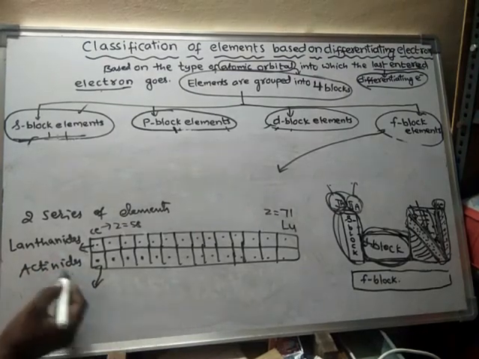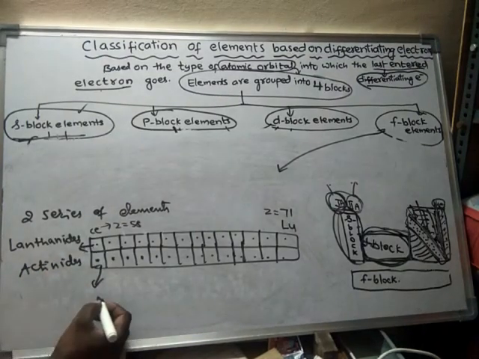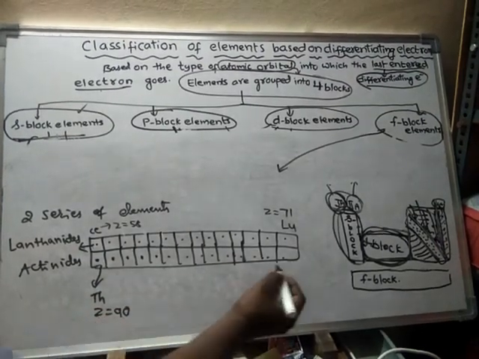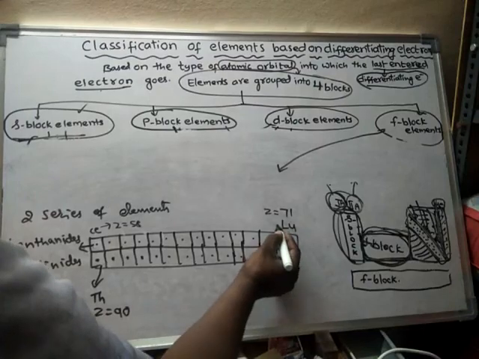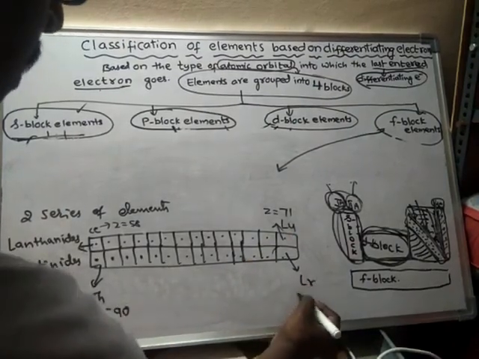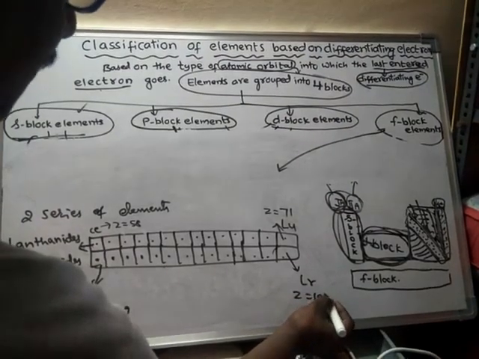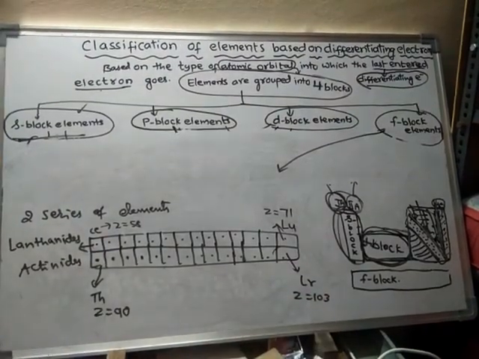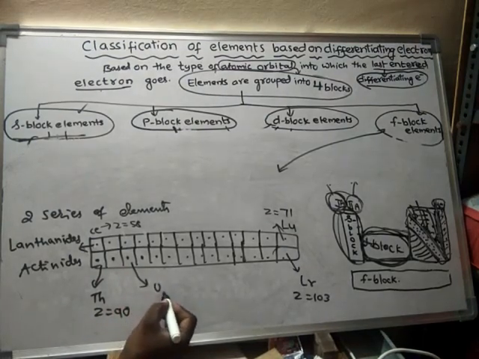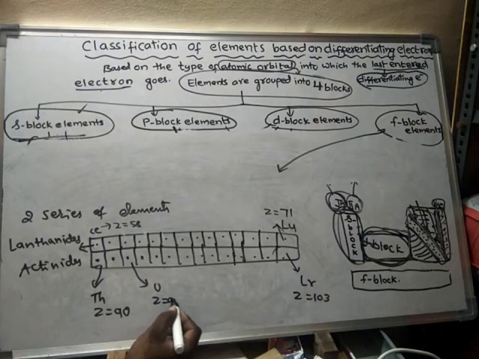So all the 14 elements are called lanthanides, and the second set of 14 elements are called actinides. The first element in the actinide series is thorium, whose atomic number is 90, and the last element of the actinide series is lawrencium, whose atomic number is 103. Here 90, 91, here it is uranium, U, whose atomic number is 92.